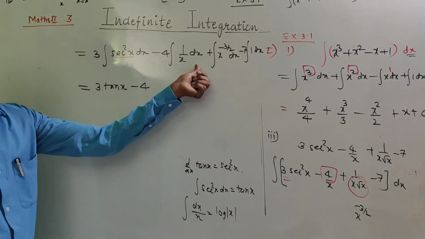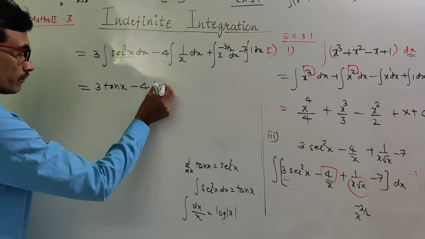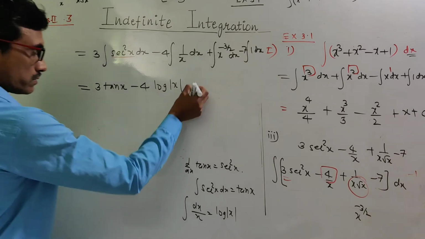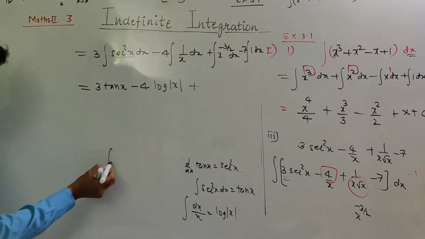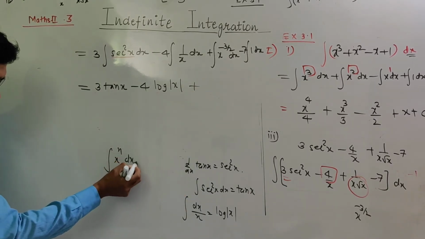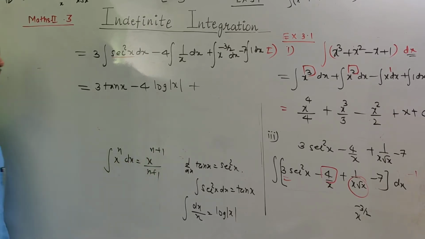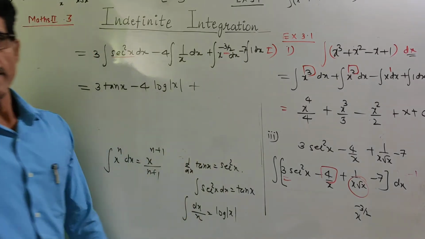So integration dx upon x is equal to log of x, then plus integration of x raised to power n dx, x raised to power n plus 1 upon n plus 1, where n is minus 3 by 2.